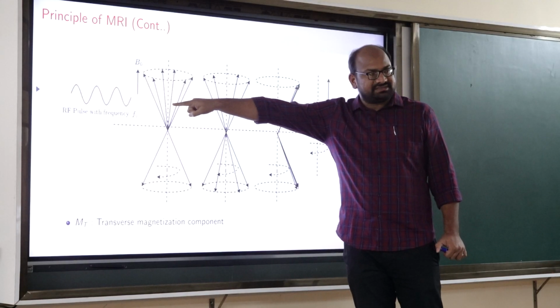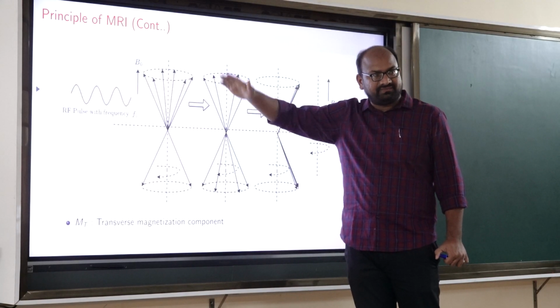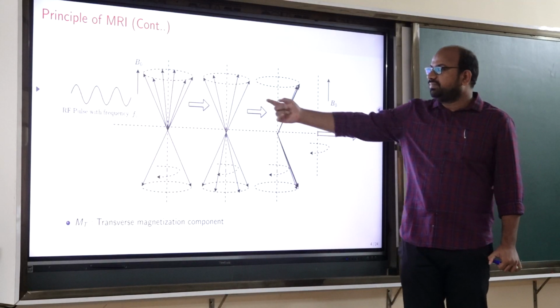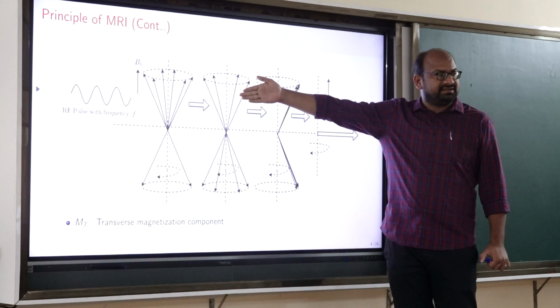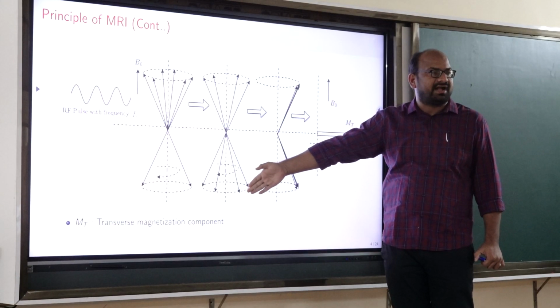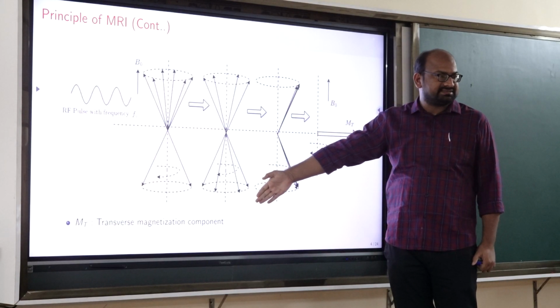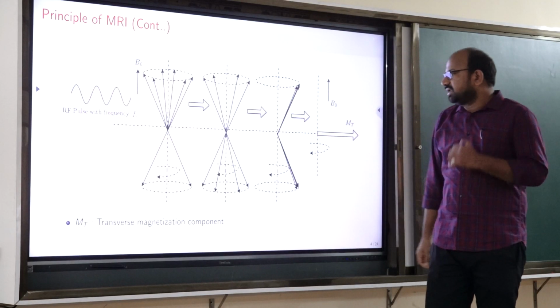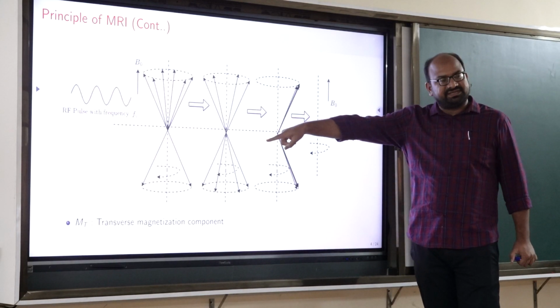Because of this RF pulse, this gets the energy, they flip around. And in the second diagram, the number in the low energy state is exactly the same as the number in the high energy state. Where has the extra energy come from? It has come from the RF pulse, right? Okay. Now, this is the first stage.